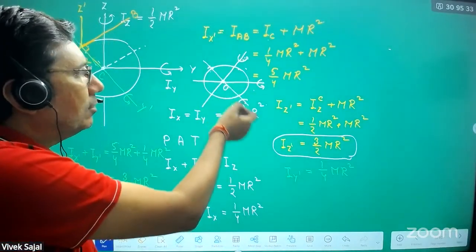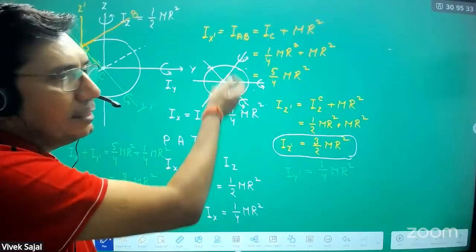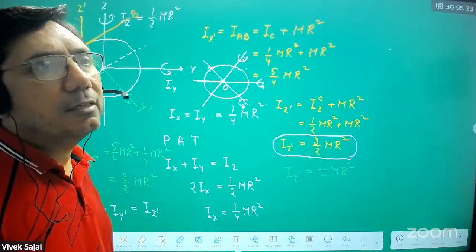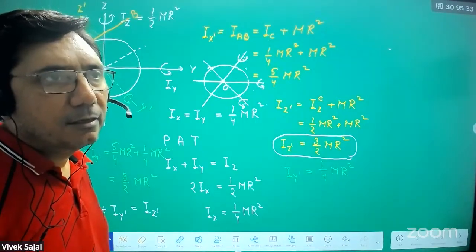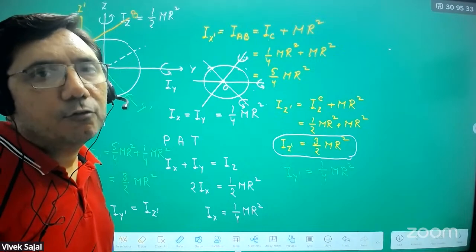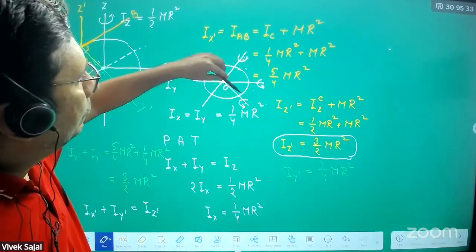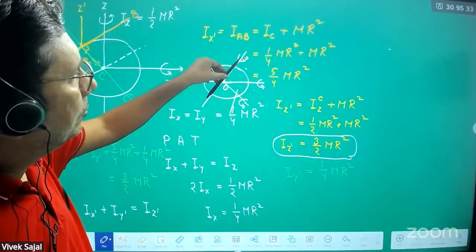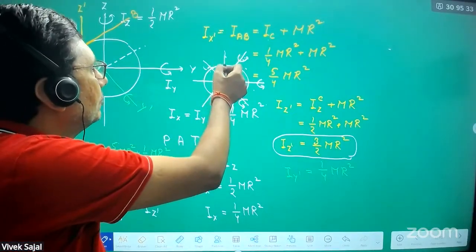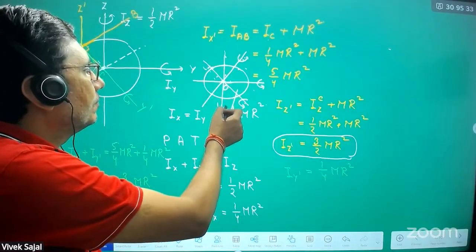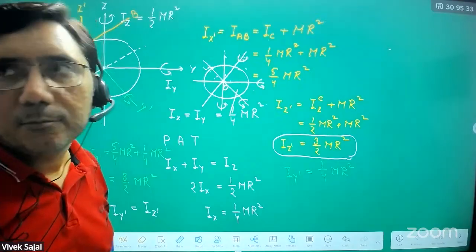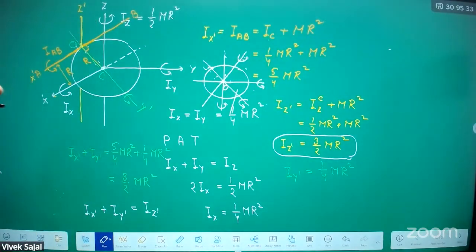So about all the three axes, or any other axis that acts like a diameter along the diameter of the disk, you are going to have 1/4 m r squared. This will be the value of moment of inertia. Either you rotate about this, this, this, or you can create any other. I can create this also. So about all these axes, the moment of inertia will be 1/4 m r squared.